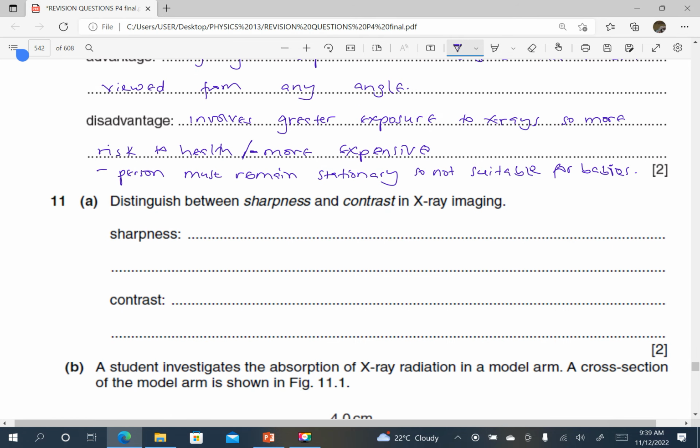Distinguish between sharpness and contrast. Now we know what sharpness is. That one relates to boundaries, and contrast relates to the degree of blackening.